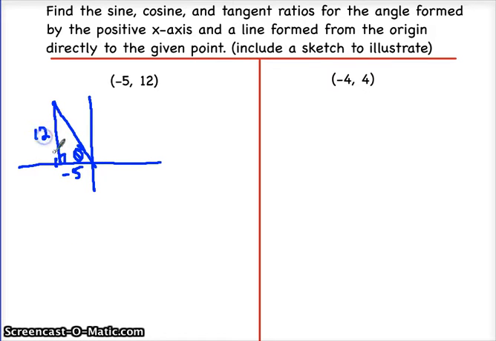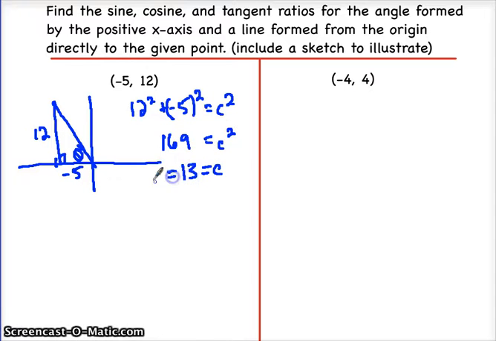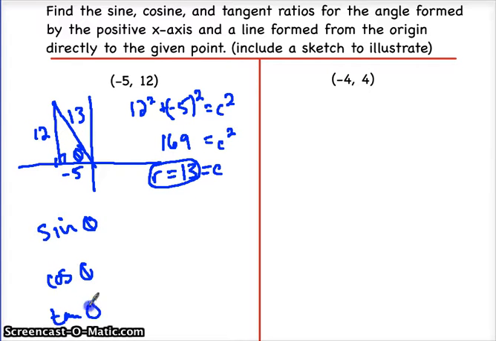We've got up 12. If you do a little Pythagorean theorem, 12 squared plus -5, the quantity squared, equals c squared. C squared will be equal to 169, which makes c, or as we called it before, our r value, 13. And again, we can lay out the sine, cosine, and tangent for theta.